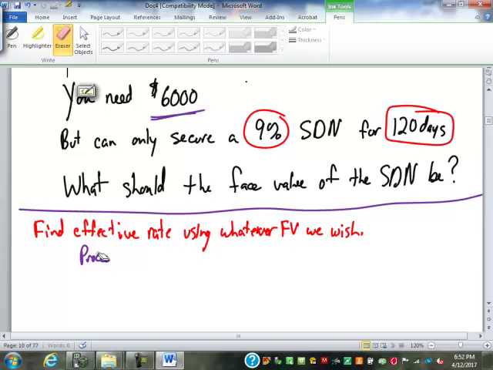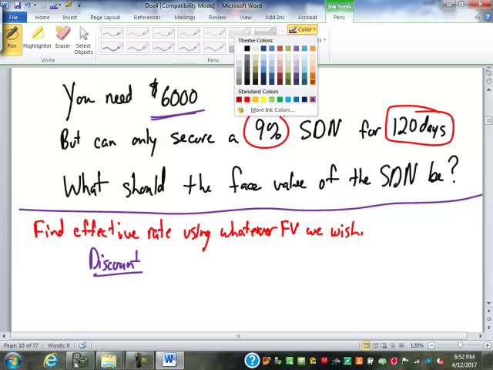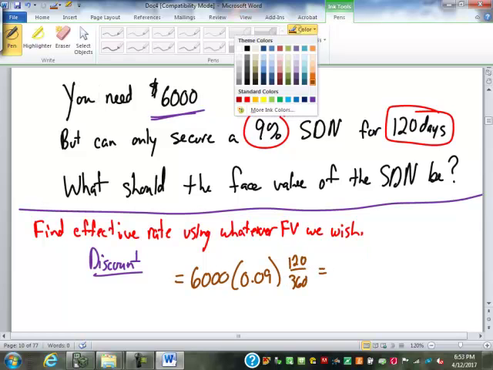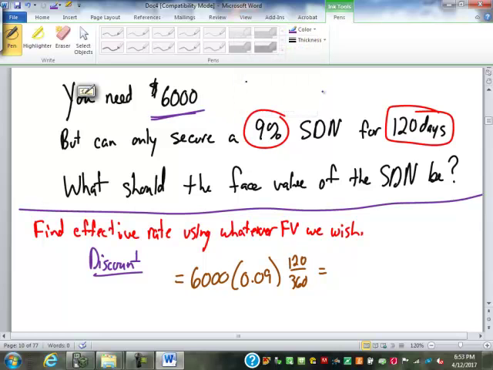So I'm going to find the proceeds. Of course, to find that, I first have to find the discount. So the discount is going to be the $6,000 times 0.09 times 120 over 360, which is going to give us, what, $180?